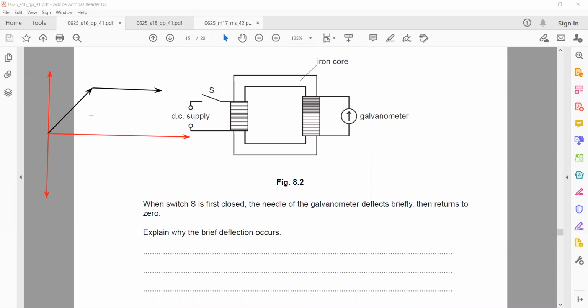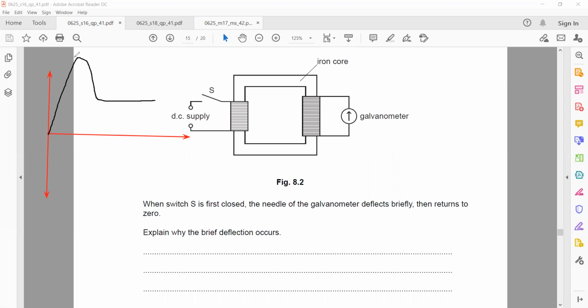Even this is theoretical. Practically, you know what happens when we close the switch? This is how the current changes. When we close even a normal switch, the current increases and then it becomes steady. This is practically what happens, because when you connect the switch, the resistance of the circuit is too low in the beginning.